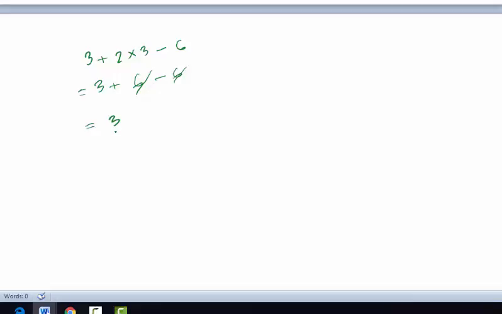Let's look at another example. This is example number 2. Now let's have example number 3. Let's say we have 4 times the square root of 25 times 5 plus 1. Now how do we simplify this?